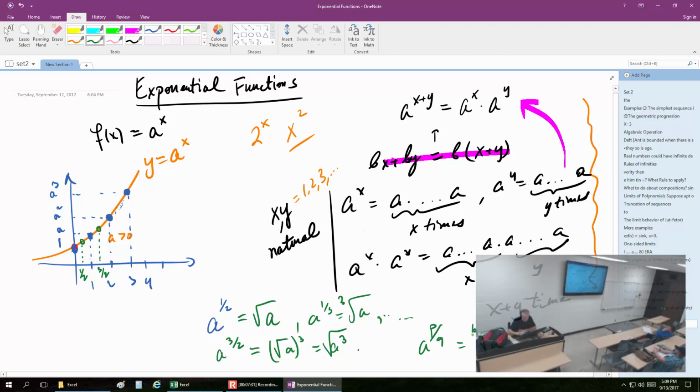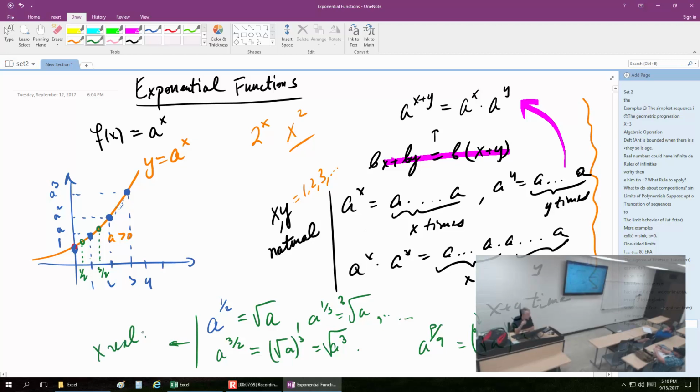That's where the denominator goes, and the numerator goes as a power, as exponent. So as long as the exponent is rational, we can compute it in this manner. This is repeated multiplication, and that one is root, the inverse of the corresponding power.